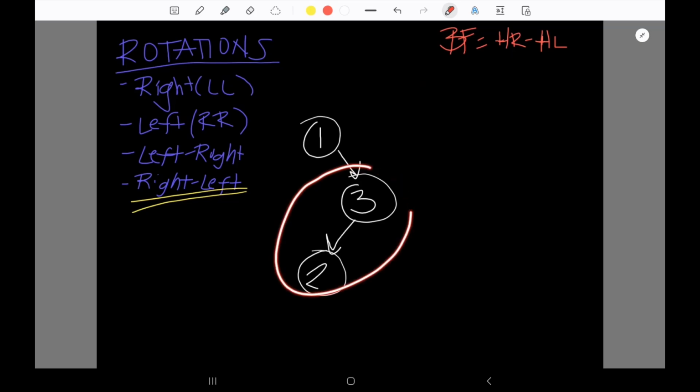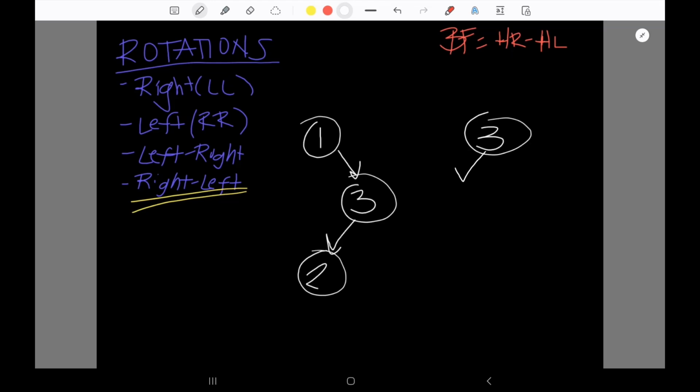So first we have to rotate this node in order to have it fully balanced. Because if we're gonna rotate it to the right, 3 is gonna become the root.